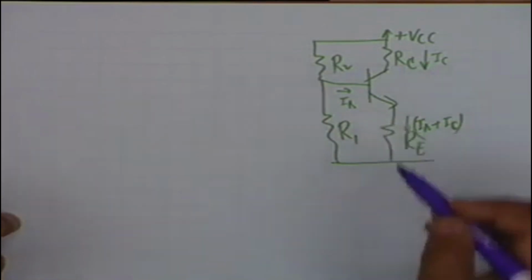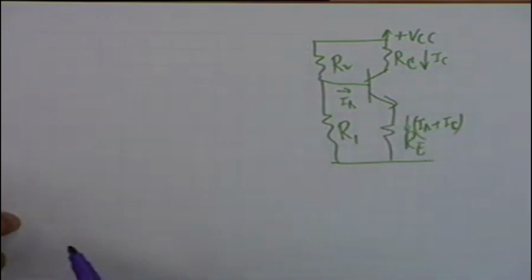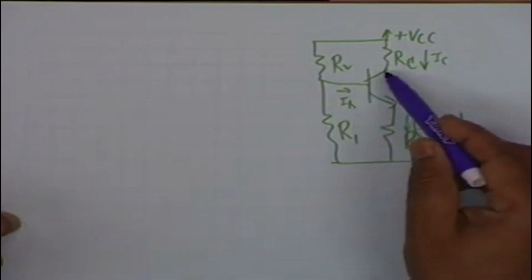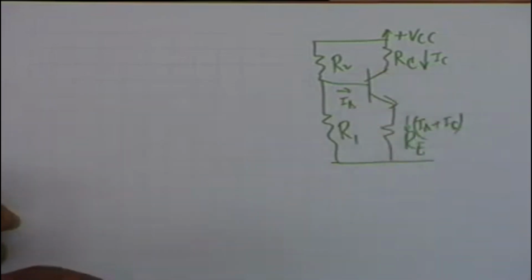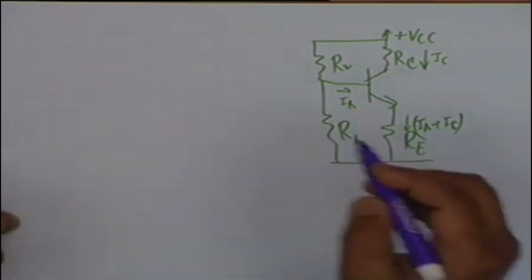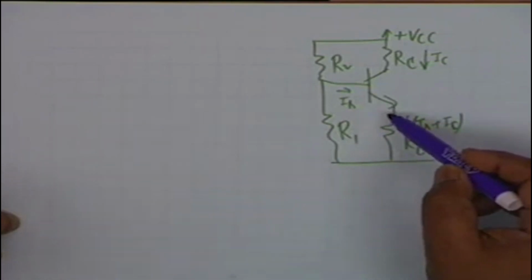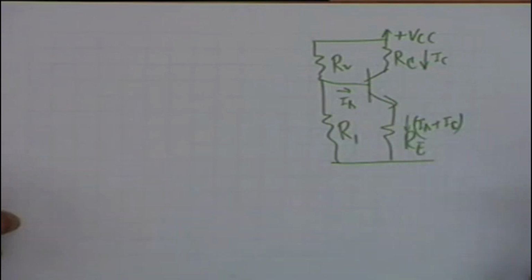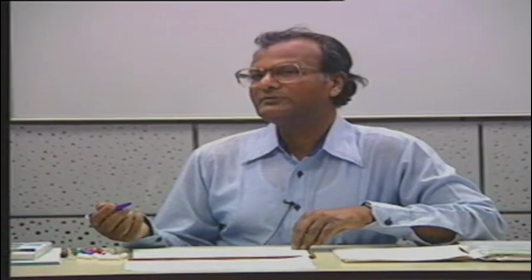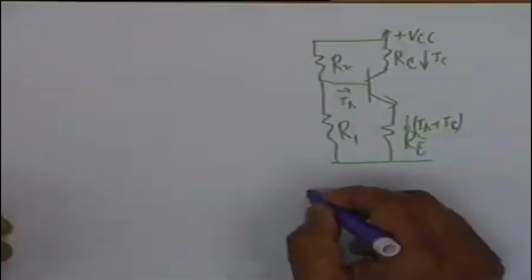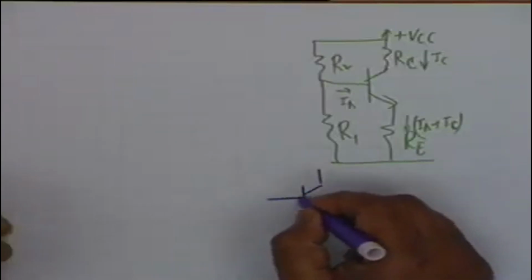Now, to analyze this quantitatively, the transistor must be replaced by an equivalent circuit. The base to emitter is a junction, is a diode, and we assume that it is an ideal diode in series with a battery of VBE, which is approximately 0.7 volt for silicon and 0.3 volt for germanium, and therefore the transistor is equivalent to the following.